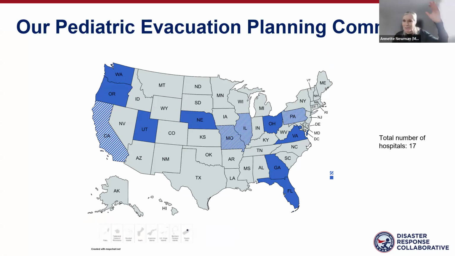All of those areas with the stripes are states that have multiple hospitals playing. Although Oregon, you just said that you had 8 hospitals, so it may be that there are more than one hospital within the states that are just that complete blue color. So thank you. But that's our distribution for this group.